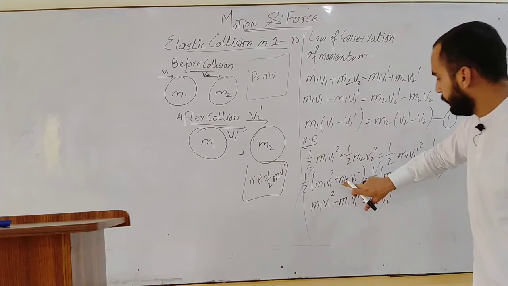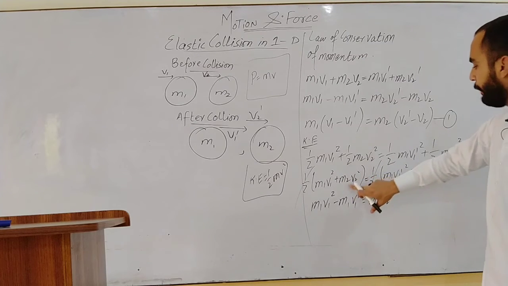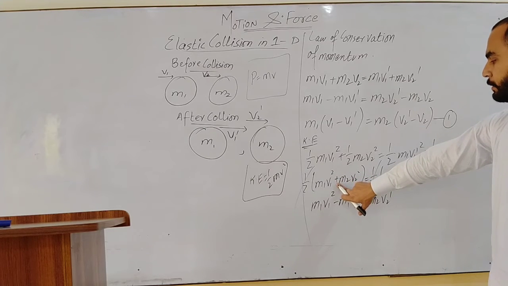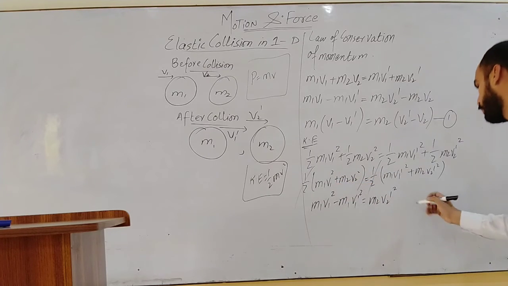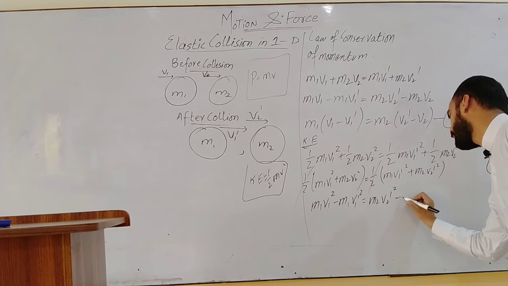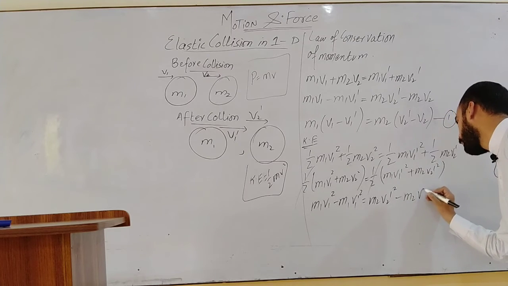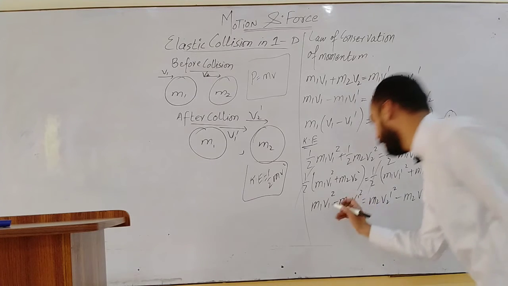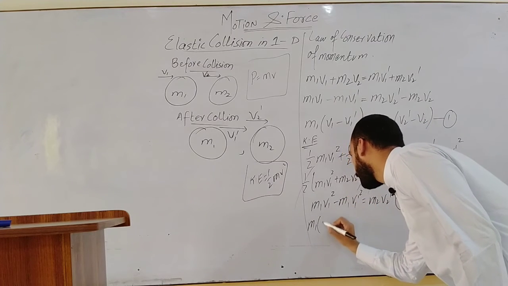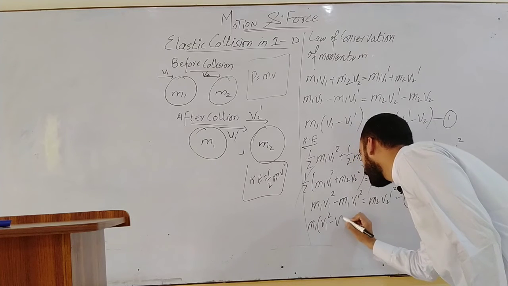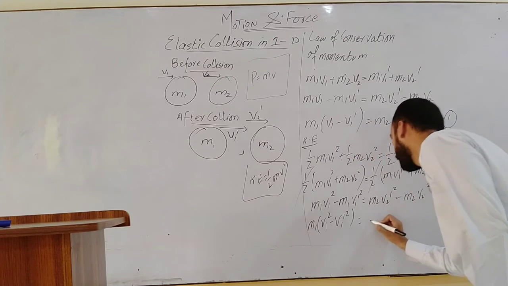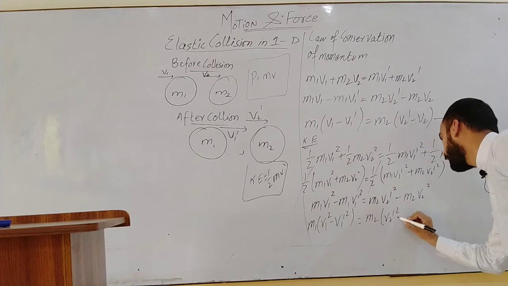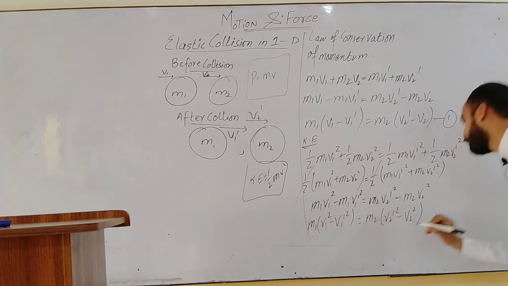Taking this value from the left-hand side to the right-hand side changes its sign, so it becomes minus m2 v2 square. By taking common, m1 into (v1 square minus v1 prime square) is equal to m2 into (v2 prime square minus v2 square).